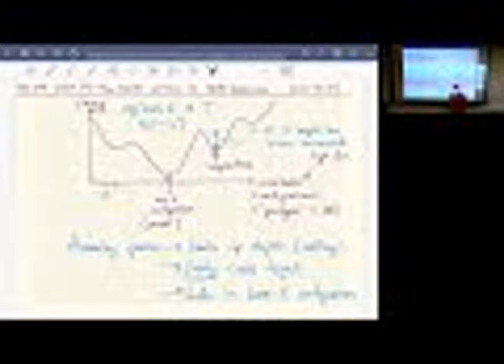Or distribution. So this is a measure of a distribution.